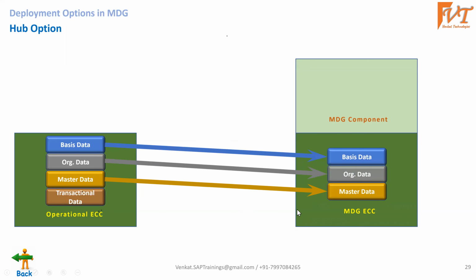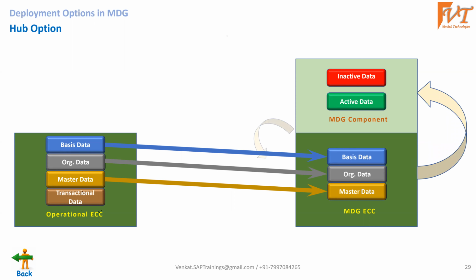It's the initial load of the master data. And assume that there can be multiple transactional systems as the source. Now with the MDG component, as you are aware, we'll get the inactive data and active data, which is nothing but the staging area. This data can be shared across.